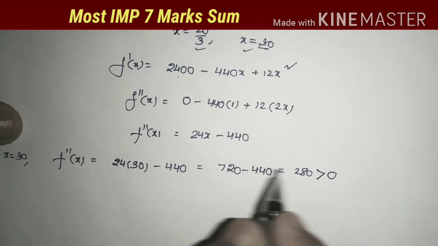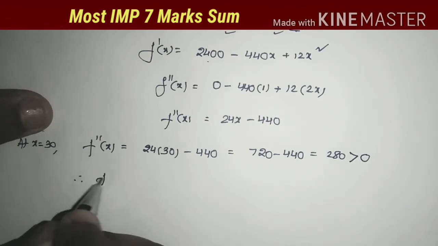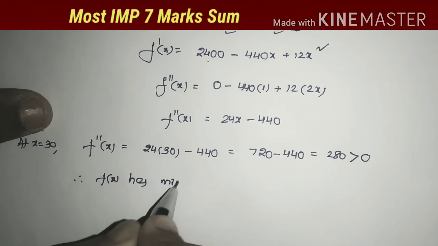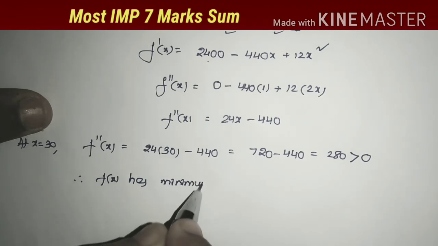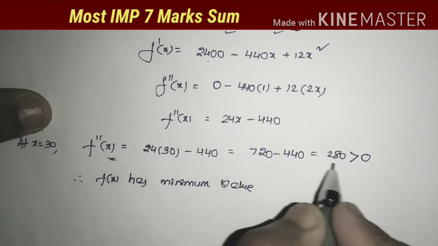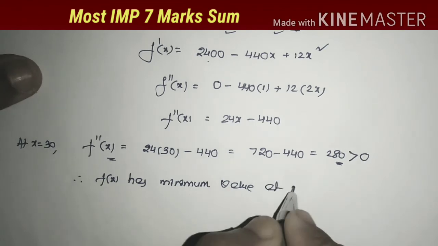So f double dash of x greater than 0 means we tell that the function f of x has the minimum value at x is equal to 30. Why? Because the value of f double dash of x is greater than 0.